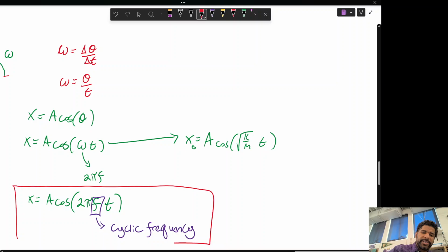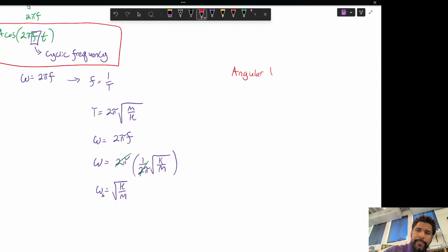With that being said, what if we want to find the angular velocity of our pendulum system? Well, what we do is we have T is equal to 2 pi root L over g.